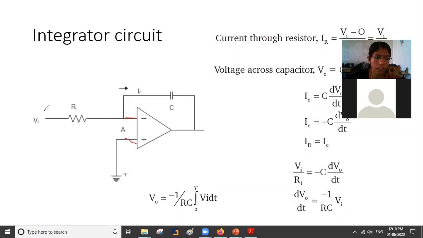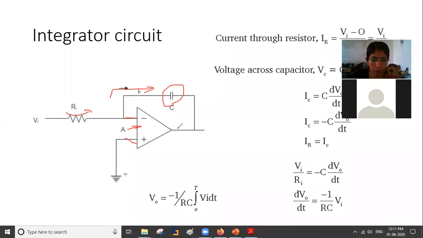So the current coming from this input side tends to flow through this feedback network. The feedback network consists of a capacitor. A part of the voltage goes to our amplifier circuit. Actually, an op-amp is a series of transistor amplifier stages.